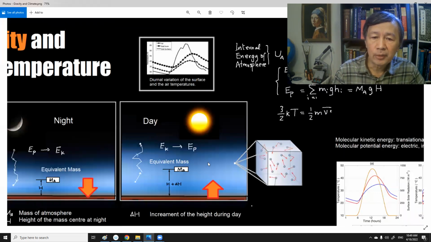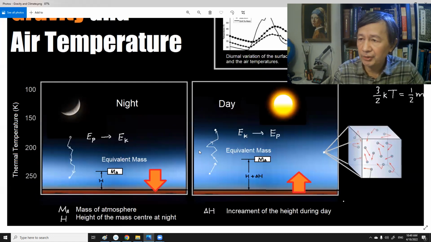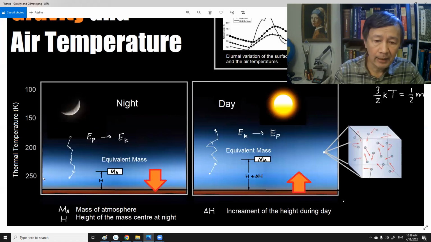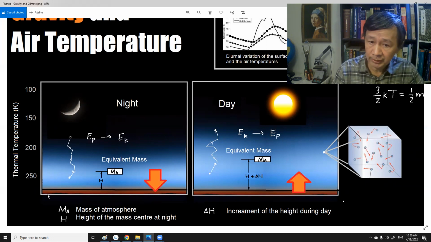In these two diagrams, I illustrate the vertical distribution of the atmosphere. By the way, the vertical axis represents the height above the surface, while the horizontal axis represents the horizontal direction along the surface.